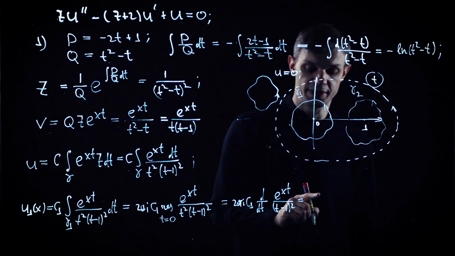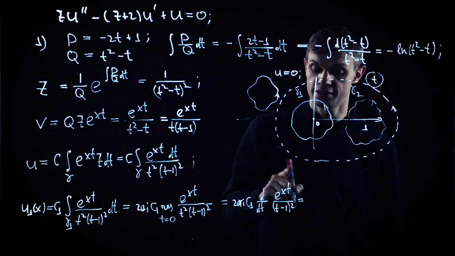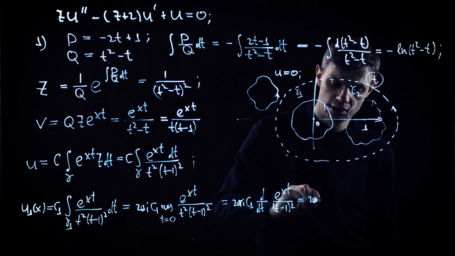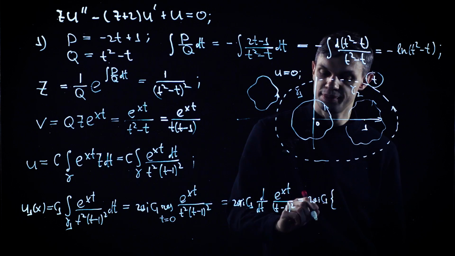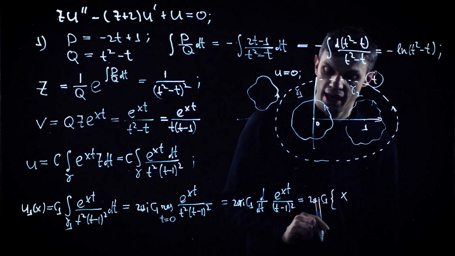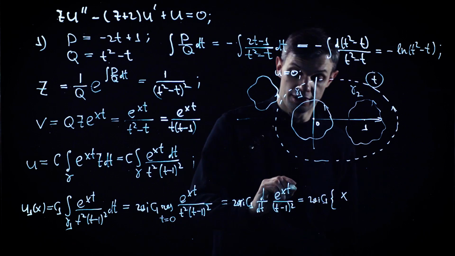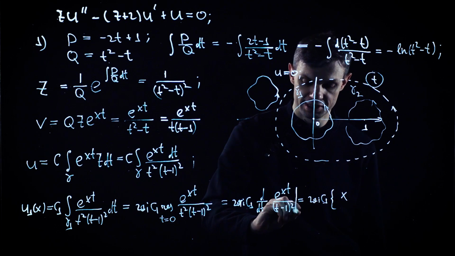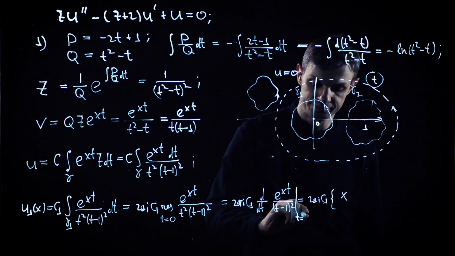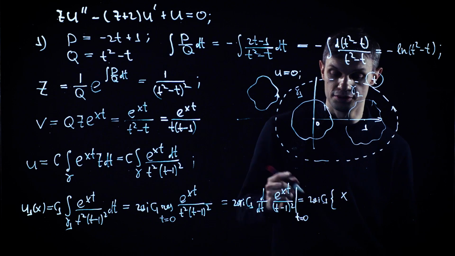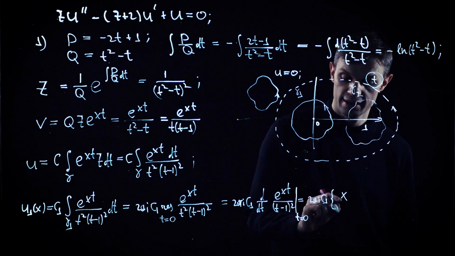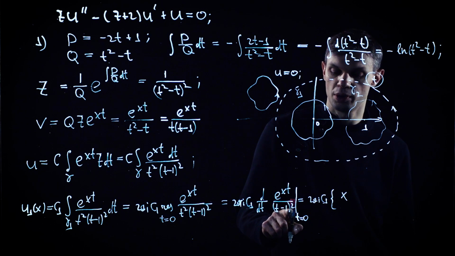The derivative of the exponential brings us an additional x into the numerator. And what you get is simply x times e to xt, and of course you should compute this at point t equal to 0. So it's simply x divided by (-1) squared.